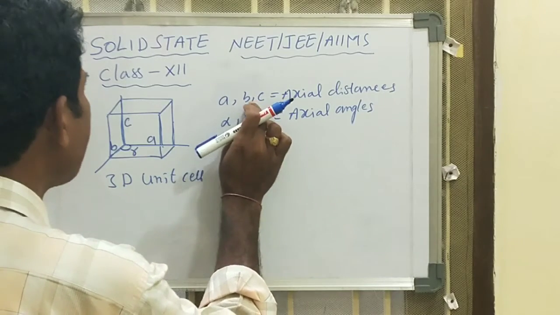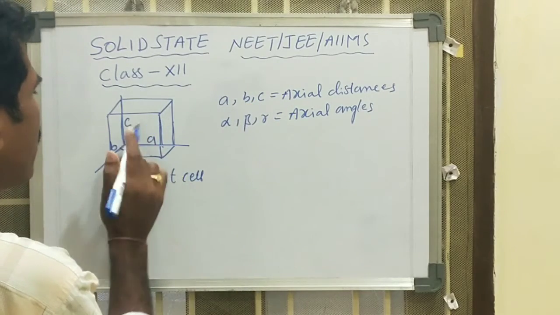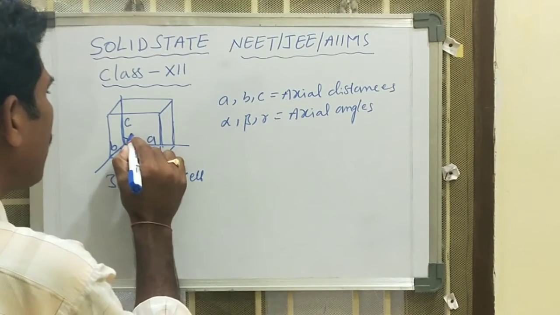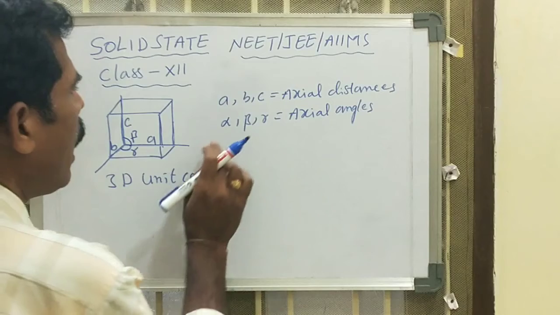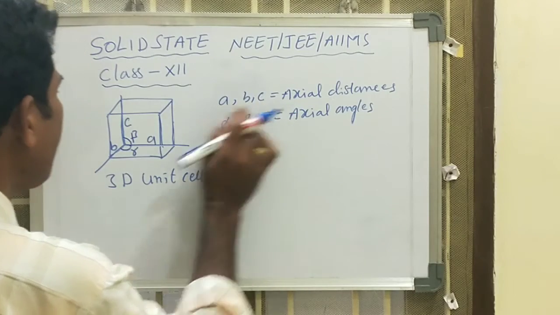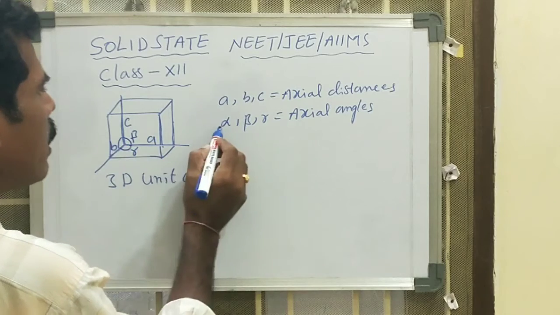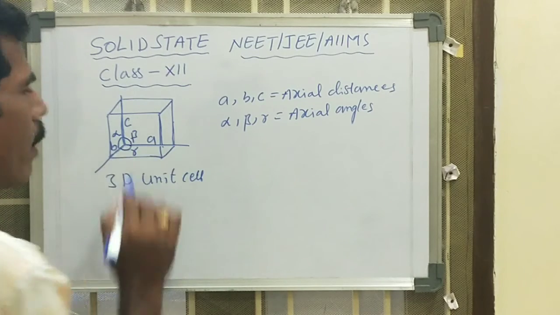And between A and C, this area will make an angle that is beta. And between B and C, this area will make an angle which is represented by alpha.